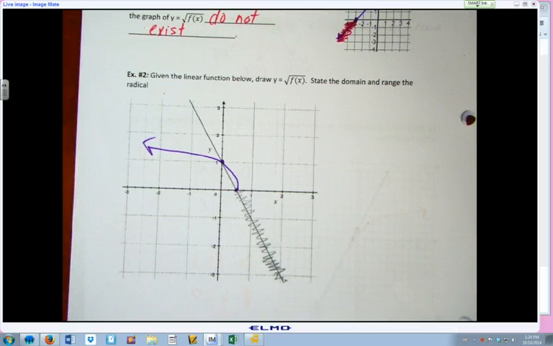Step number 3, decide the direction of the swoop.